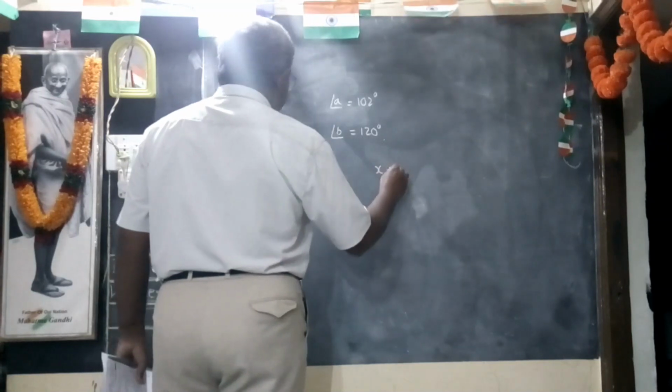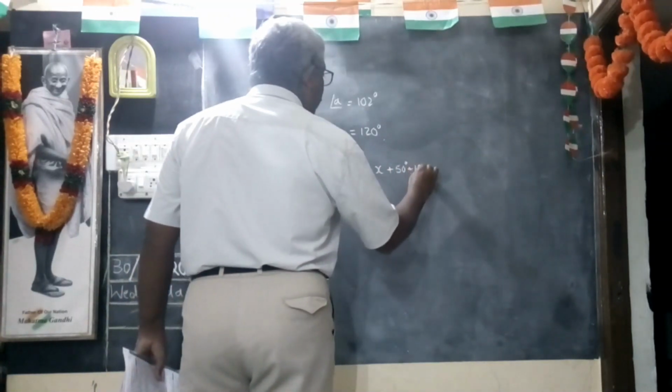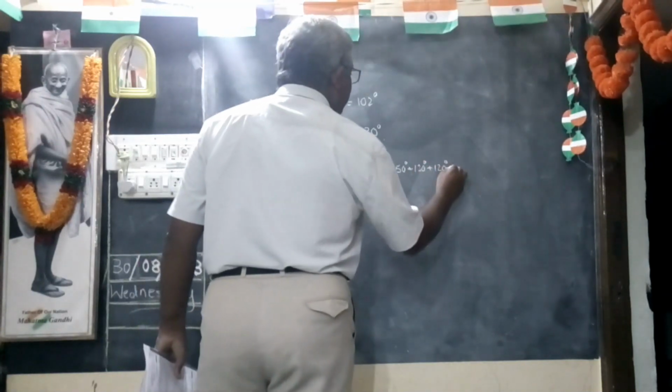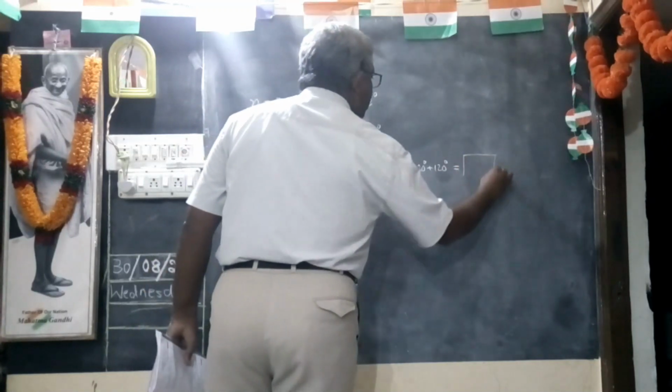x plus 50 plus 130 plus 120 is how much? Should be what?